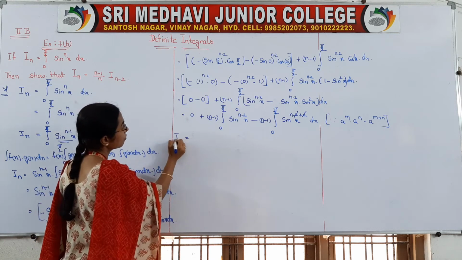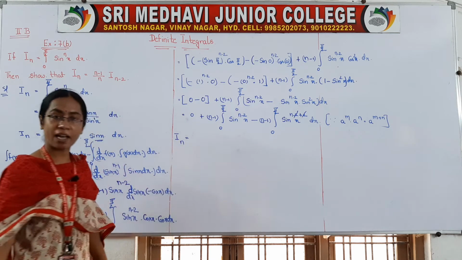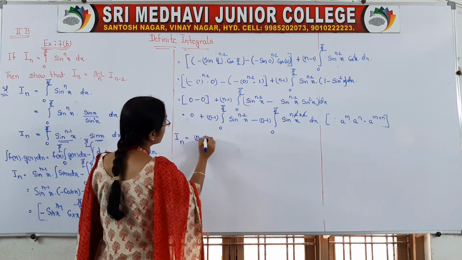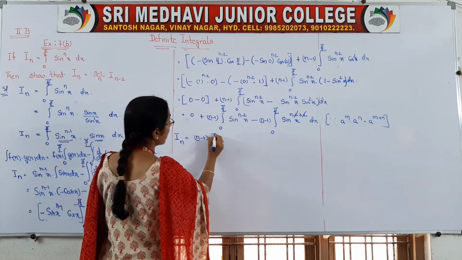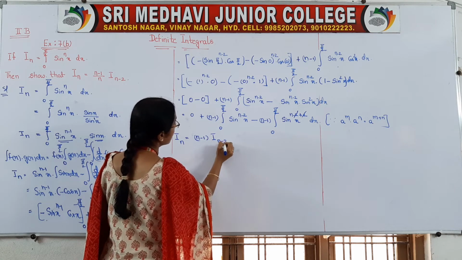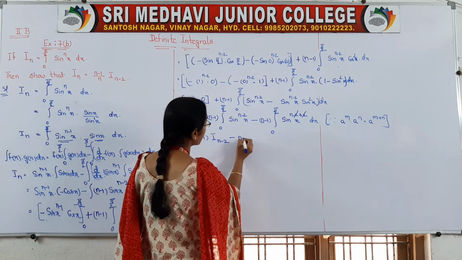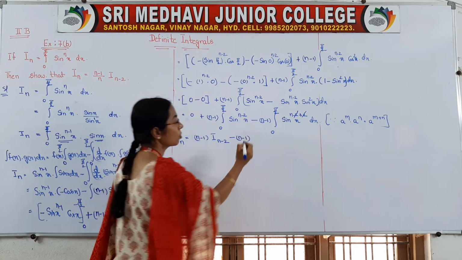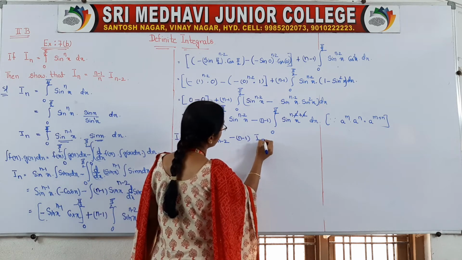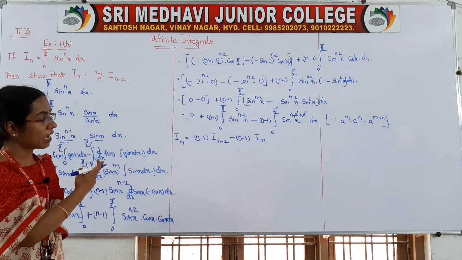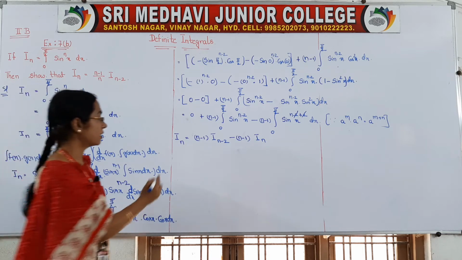Which value are we finding? We are finding In. So In is equal to n minus 1, we can write this as I(n minus 2), minus n minus 1 into In. This is In. Okay, so this side we are having In, bring that to this side.